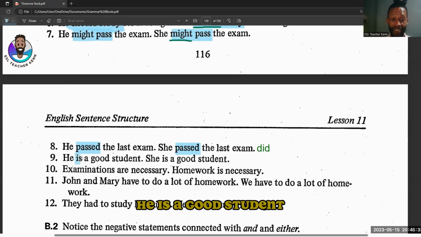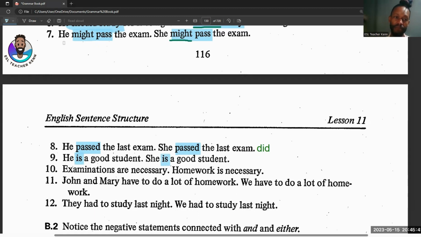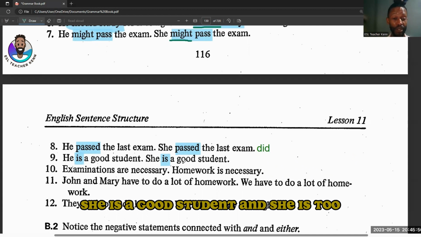He is a good student. She is a good student. He is a good student, and she is too.